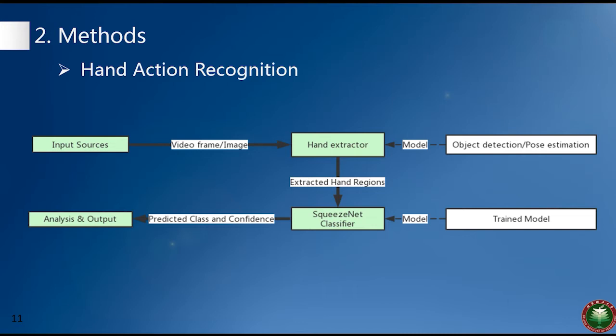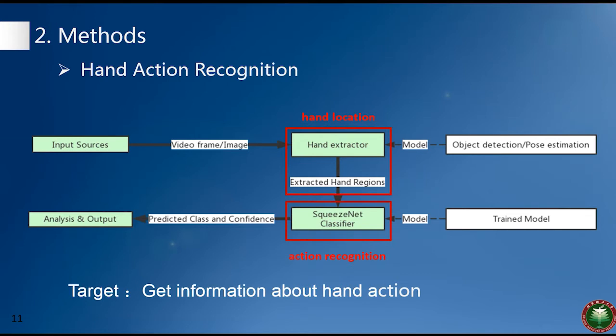Violations of obtaining information, such as taking phones, operating computers, are all done by hand, so it's very important to obtain information about hand behavior. It mainly includes 2 steps: hand location, and action recognition. The location will use the SSD and open pose method.